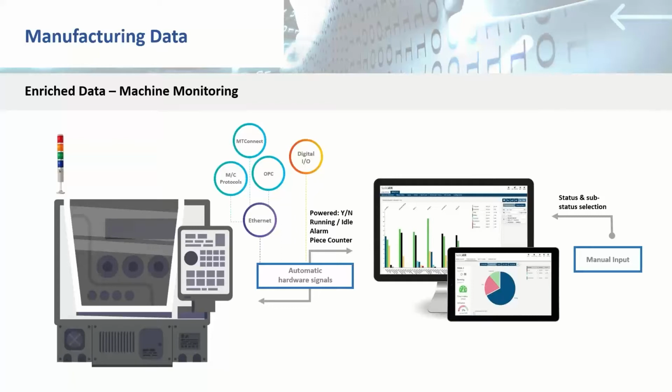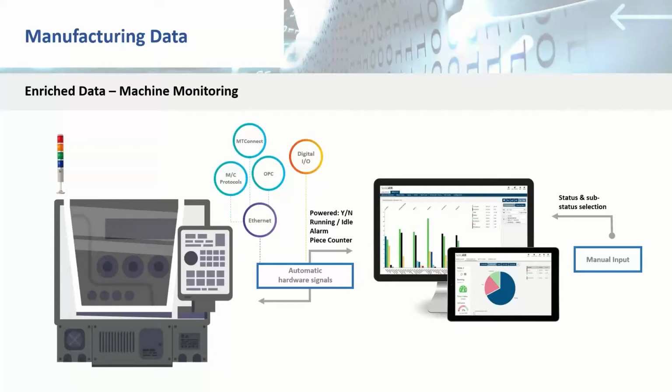It uses digital IOs or signals from the machines via relays that are installed to each machine tool that can't process via Ethernet. So we can provide various statuses, so things like the machine's running, it's in an alarm state, it's idle, possibly part count, and whether the machine's powered on or off.